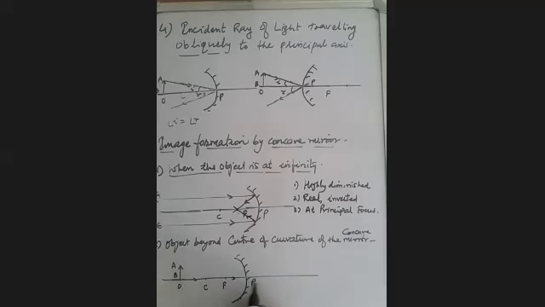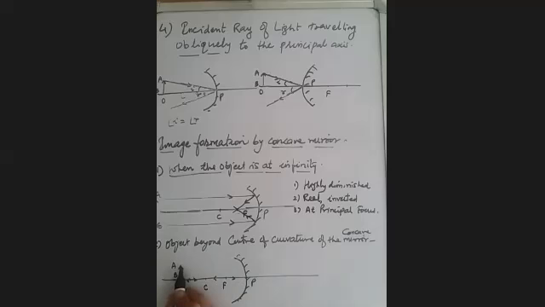Because the principal axis is normal at point P, the angle of incidence is 0, and therefore it will make a 0 angle with the normal at point P and will be reflected back along the same direction. That means the image of point B is always on the principal axis.